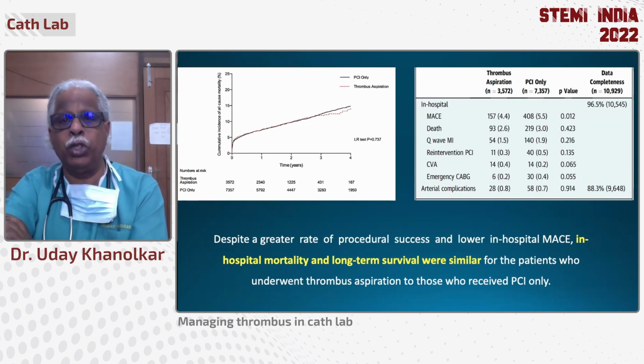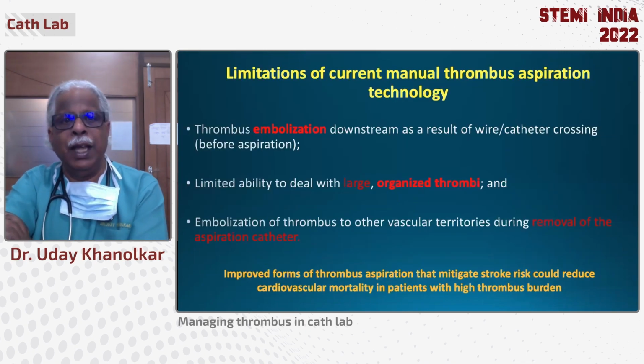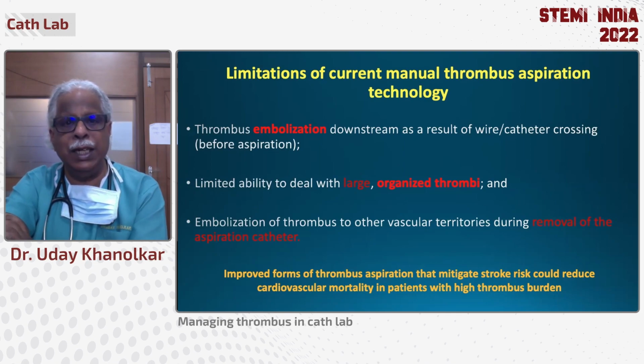But the primary procedural success is much better with thromboaspiration. This can, however, during the procedure of thrombus aspiration, the thrombus can get embolized distally, especially if it is a large organized thrombus. And that's why we have to be very careful while using the thrombosuction device.